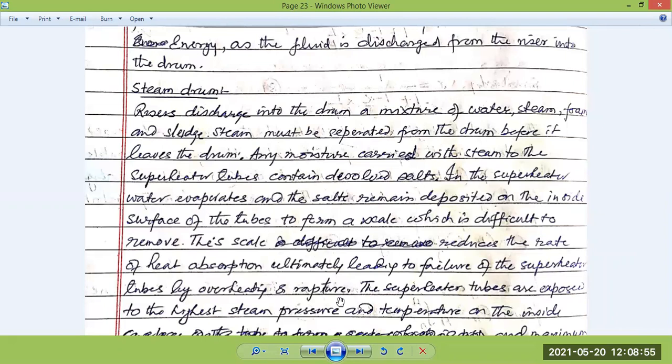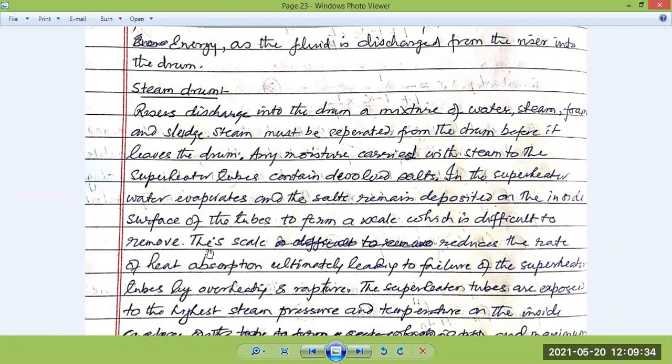Any moisture carried with the steam to the superheater tubes contains dissolved salts. Thus in the superheater, the water evaporates and the slag and salts remain deposited on the inside surface of the superheater, slowly forming a scale which is difficult to remove.